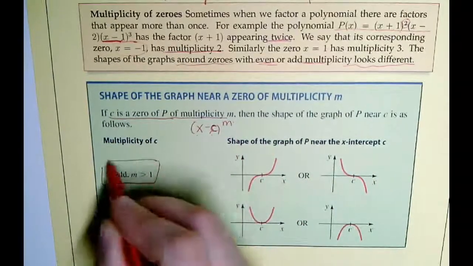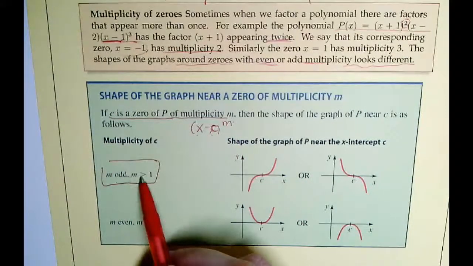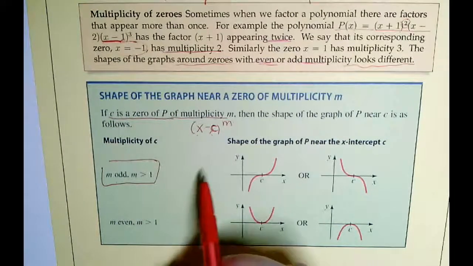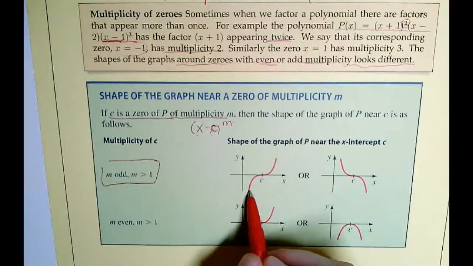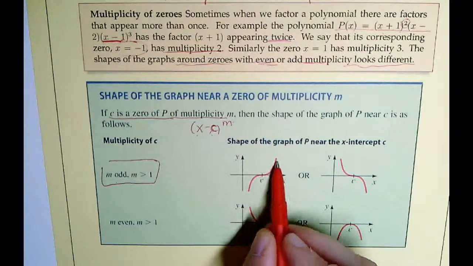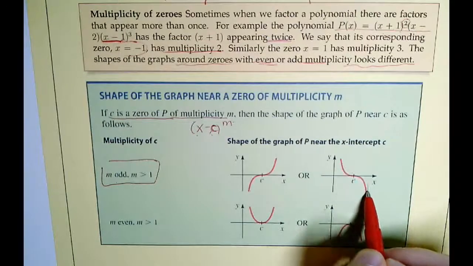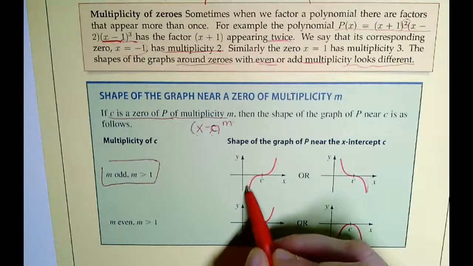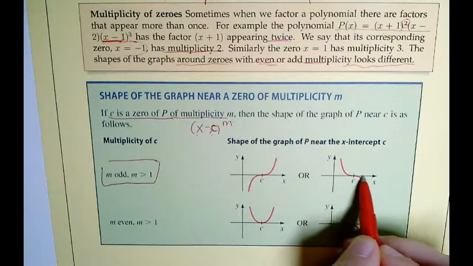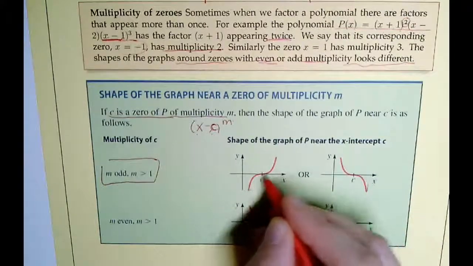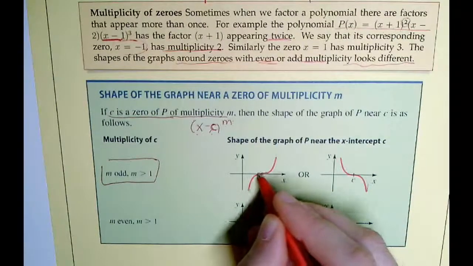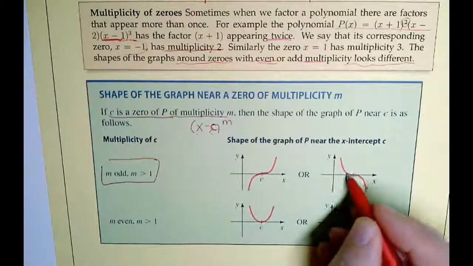So if m is odd and m is greater than 1, then the shape of the graph around that zero is going to be like this, or like this, depending on where the graph comes from. Does it come from down below, or does it come from up above? So it's going to cross the x-axis, but it's going to have that flatness in here.